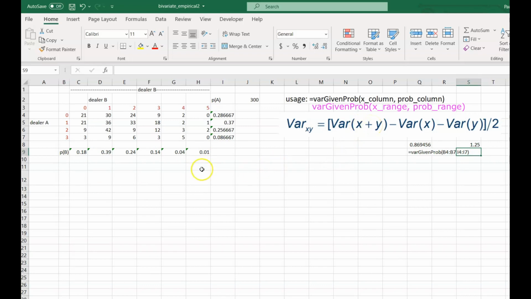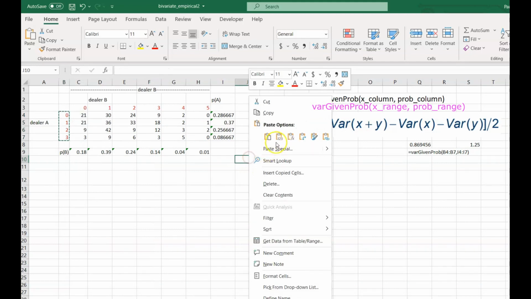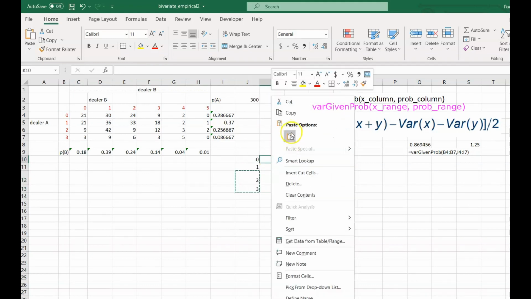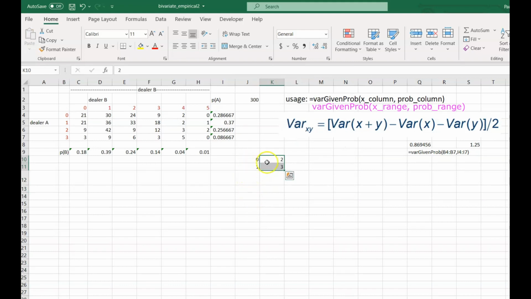Before we discuss how to generate X plus Y, let's look at another property of my function. Okay, so let's copy these four numbers and paste them here. Suppose it's organized this way: 0, 1, 2, 3.